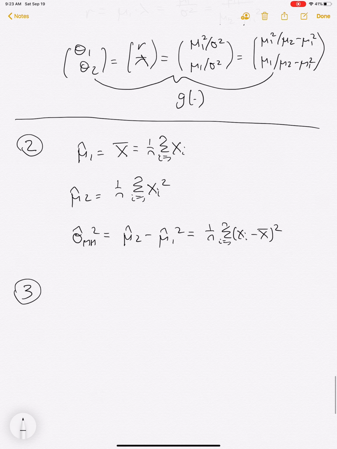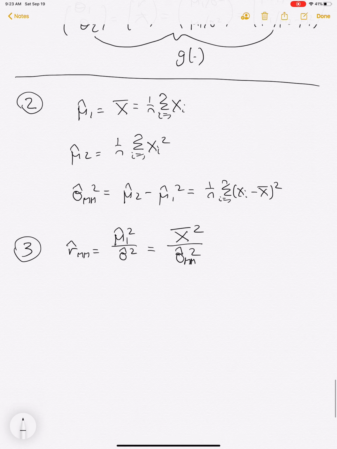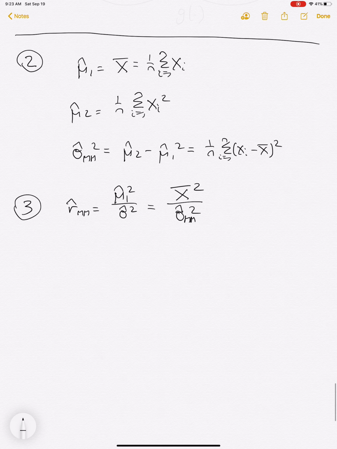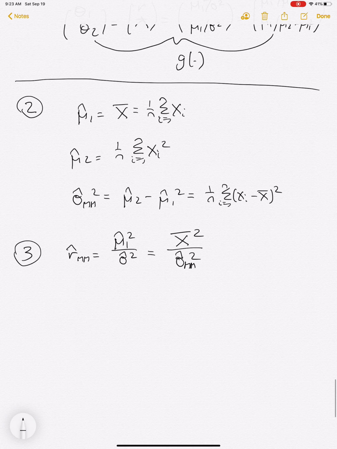Okay, and so that means that we know that r hat mm is just mu hat 1 squared over sigma hat squared, which is just x bar squared over sigma hat mm squared, and lambda hat mm is just x bar over sigma hat mm squared.